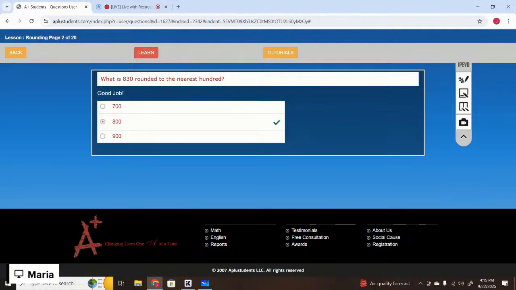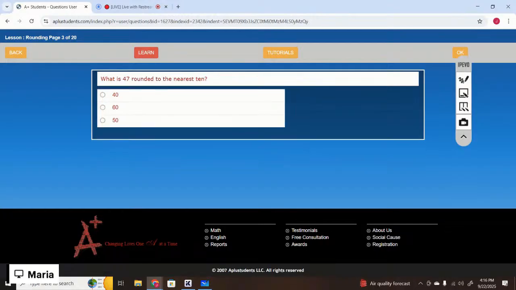Option number 2 is the correct option. What is 47 rounded to nearest 10?